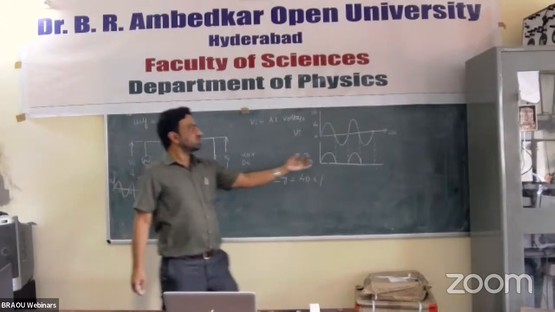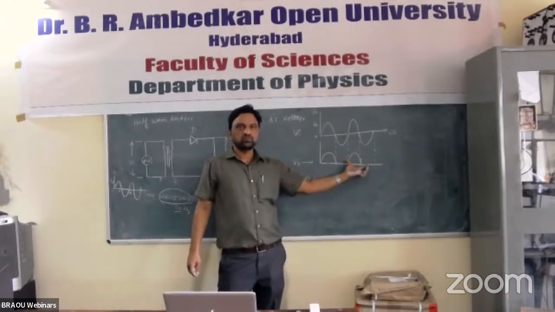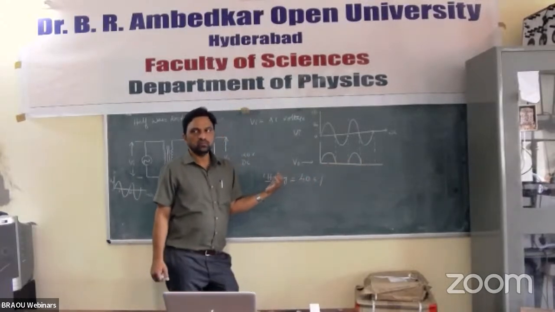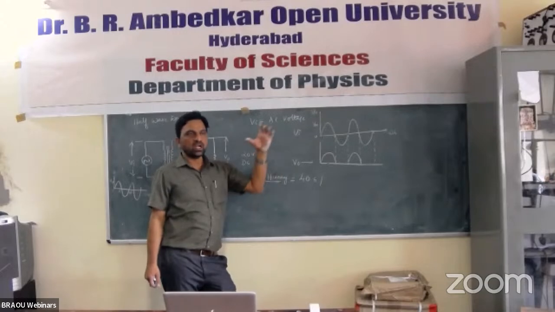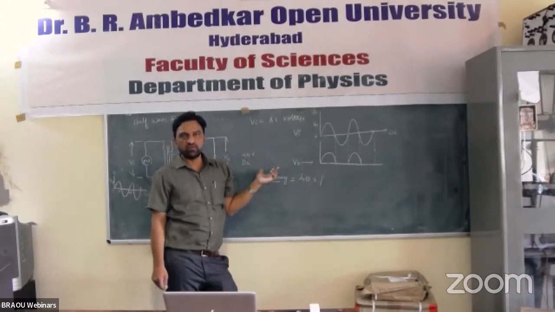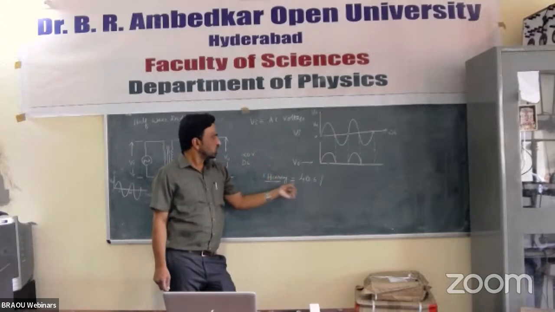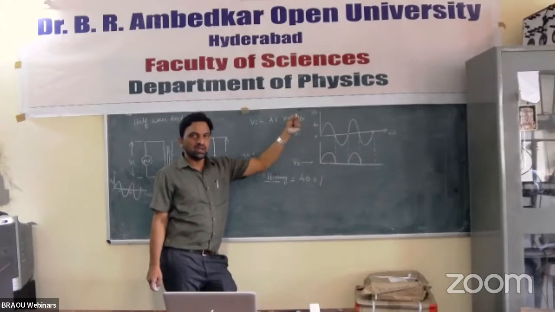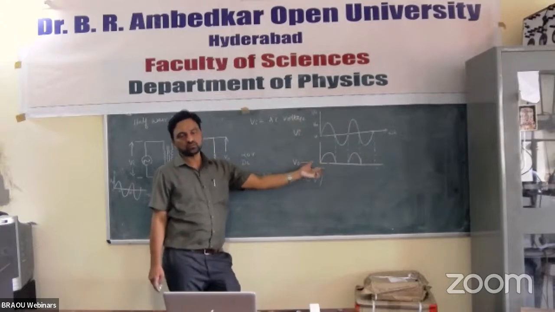That means almost half is missing. Efficiency means output by input: what input we are getting, whether we are getting it in the output or not. So only 40.6%, which is very low efficiency.